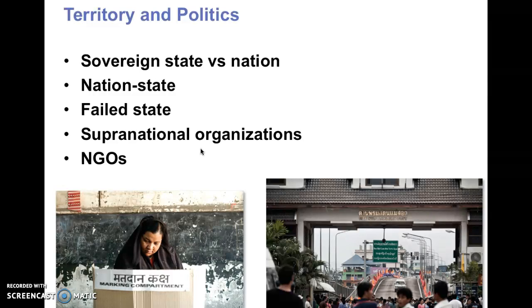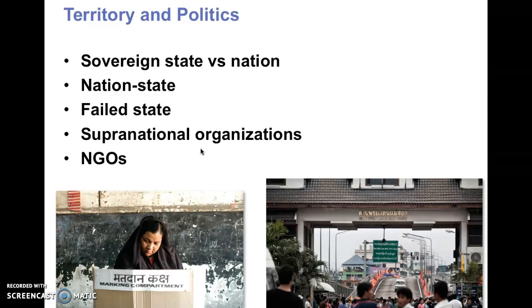And what that means is you and I don't vote for them. The United States belongs to many supranational organizations that you and I don't really have a say about, who is on those and who represents us and what they represent for us. So those are big organizations with lots of global power that may or may not represent the will of the people.